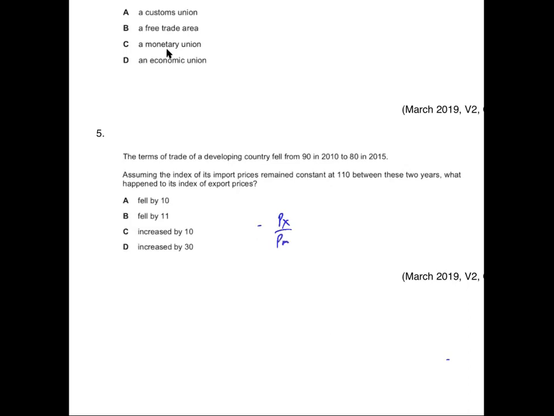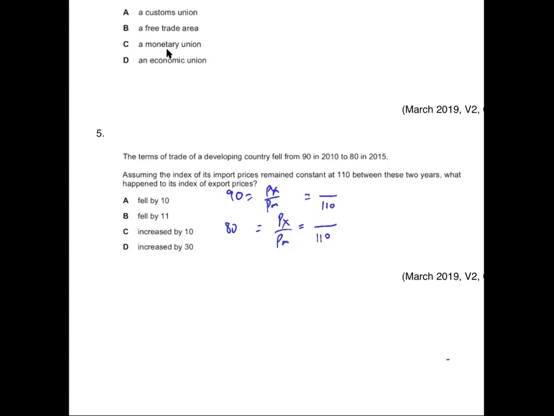Right now, TOT is equal to 80. Previously, it was 90, which was also PX over PM, right? And import prices have remained at 110. Makes sense? So this basically means 110, and this basically means 110.